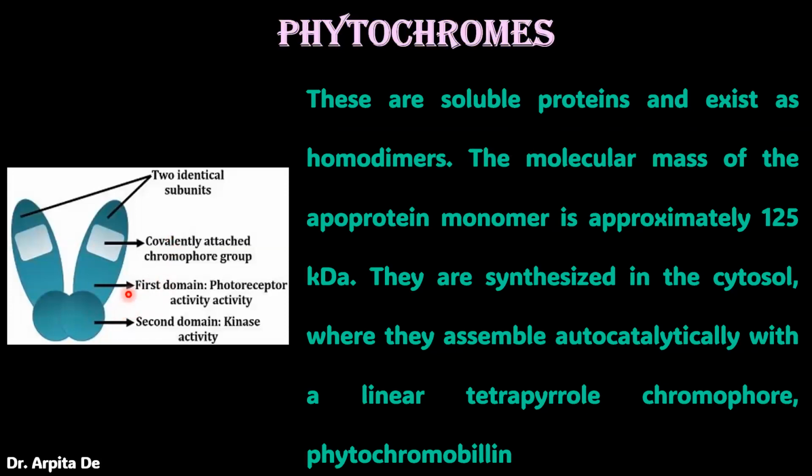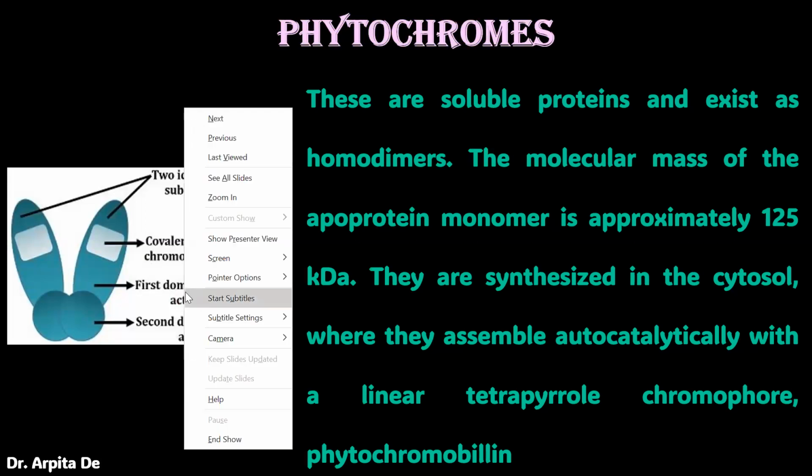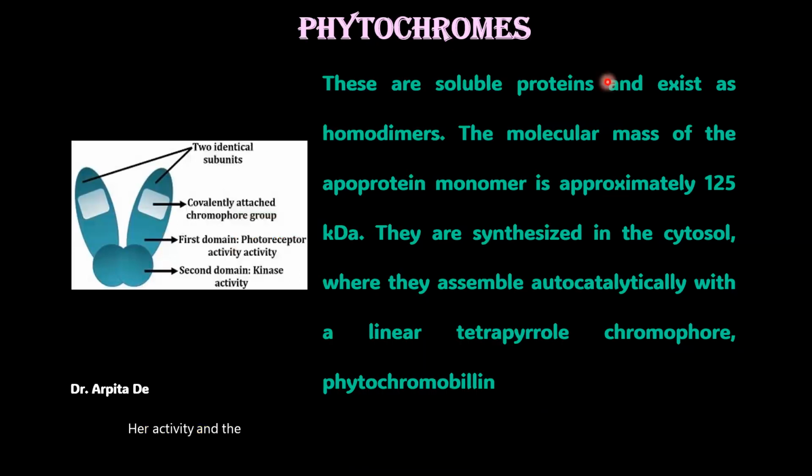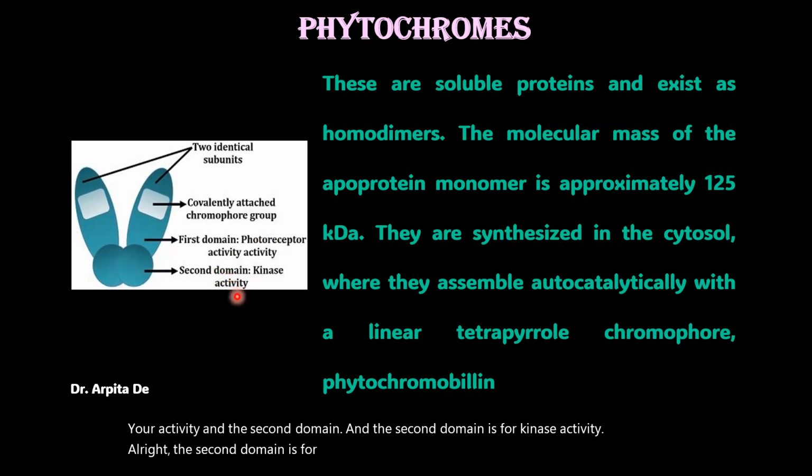The first domain is associated with photoreception, or photoreceptor activity, and the second domain is for kinase activity. All right, the second domain is for kinase activity. Clear?